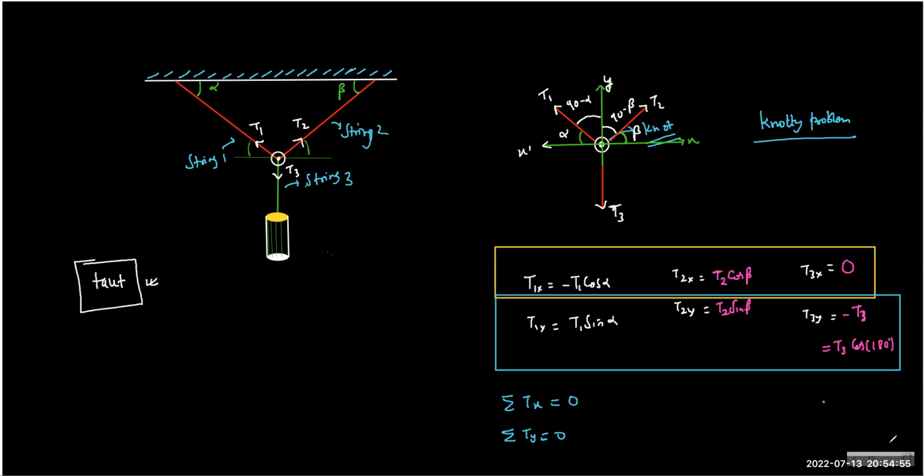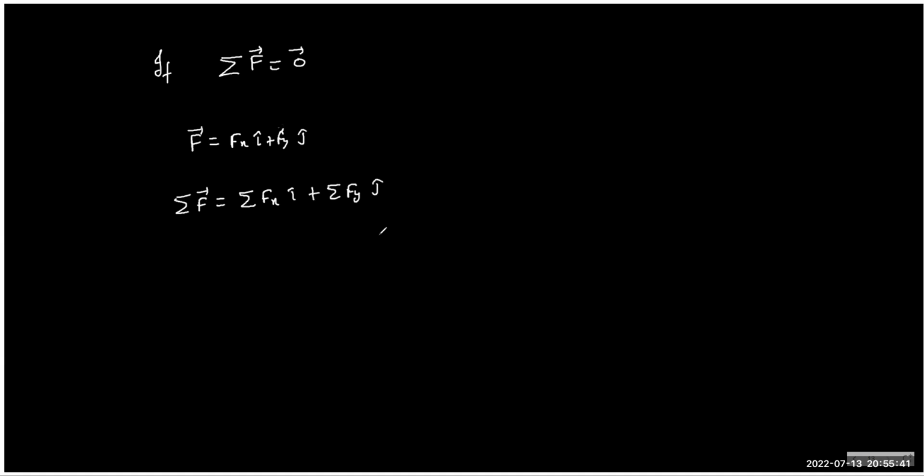So why is this so important in physics? The entire laws of motion are based on this idea: if the summation of all vector forces gives you a null vector, and every force can be resolved into two components, x and y, then the summation of F vector is the same as summation of Fx i cap, plus summation of Fy j cap.